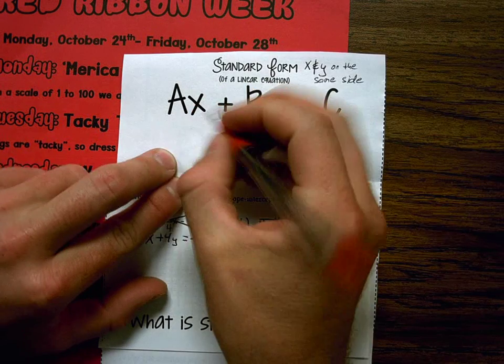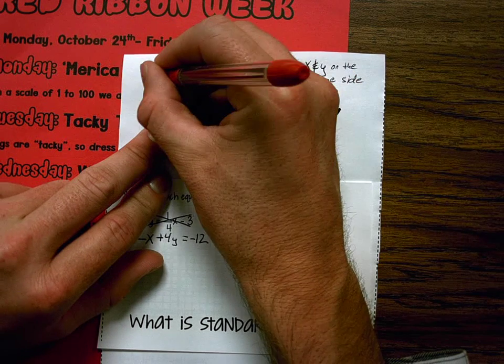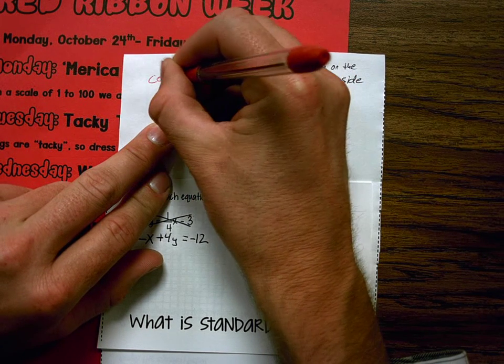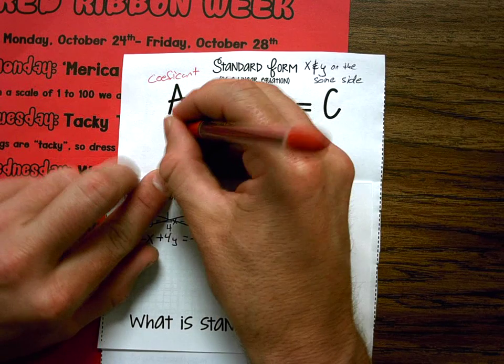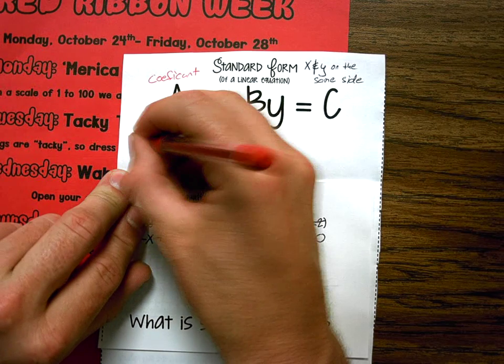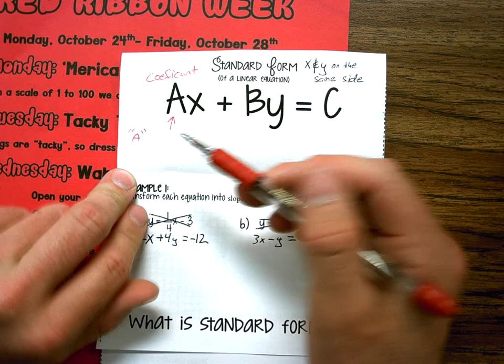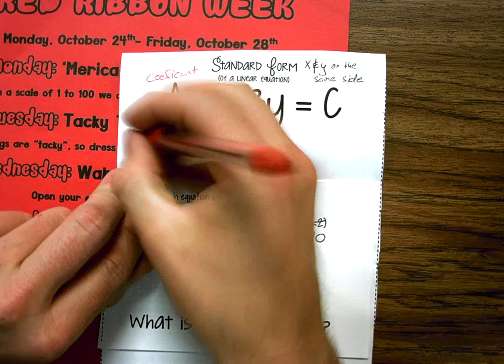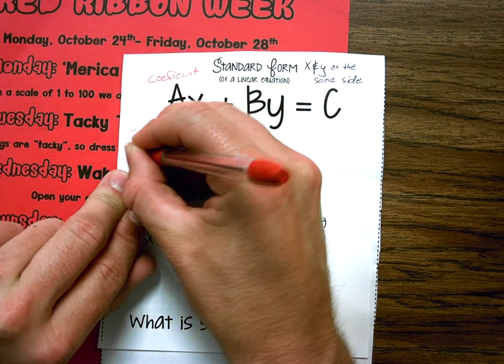Okay, does anybody remember what we call the number in front of a variable? Correct, a coefficient. That's a coefficient. And A, remember A is representing a number, any number. A must be a whole number.